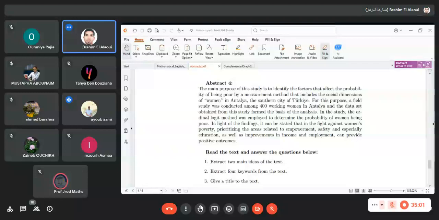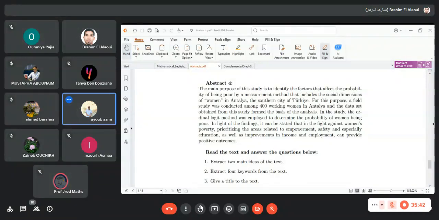Ayub Azmi. What are your answers? The text is a study to identify the factors that affect the probability of being poor of women in Antalya. For this study, they employed the ordinal logit method.